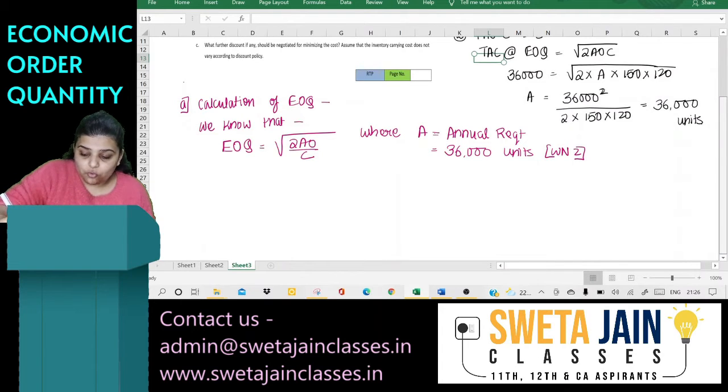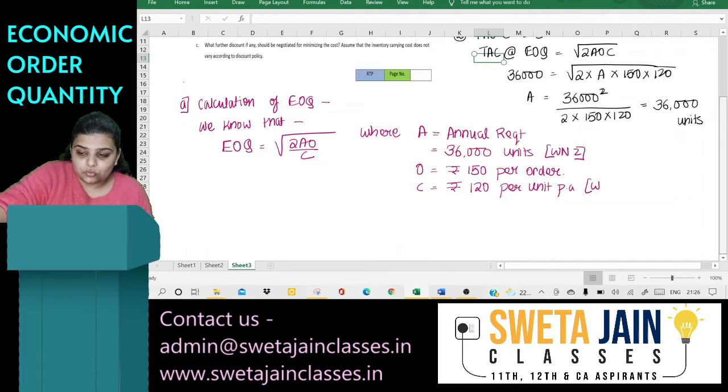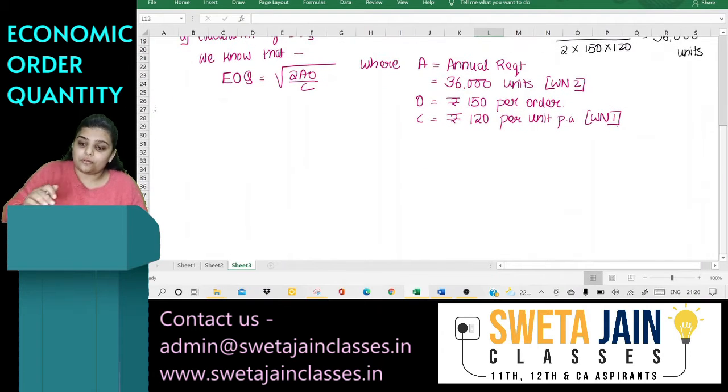Next is O, that is given to us as rupees 150 per order. This is ordering cost per order. And then we have C, that also we have calculated as rupees 120 per unit per annum. This is through working note 1. So we have A, O, C, we will put it into the formula and calculate our EOQ.